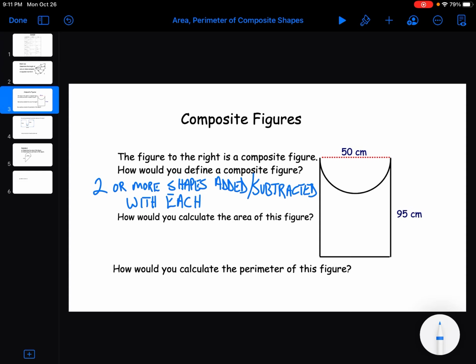The shape on the right here is a rectangle with half of a circle taken out of it.